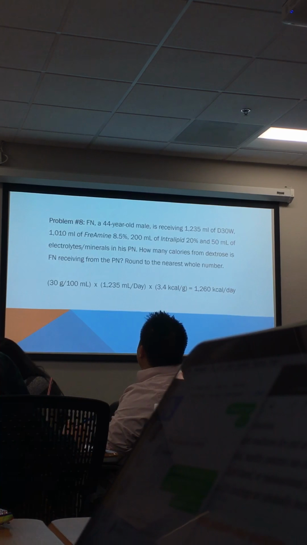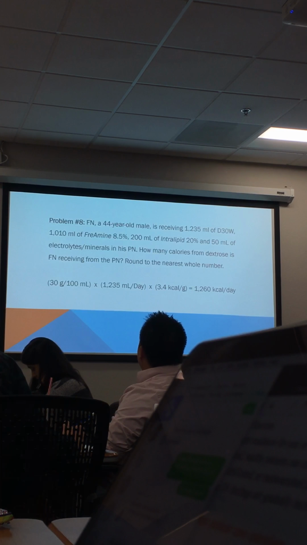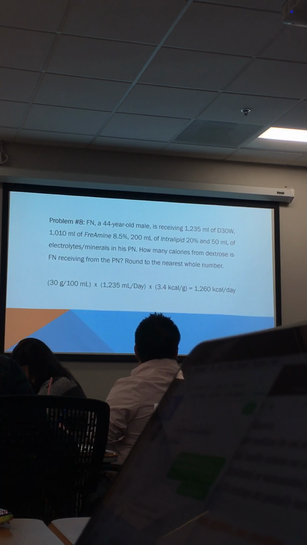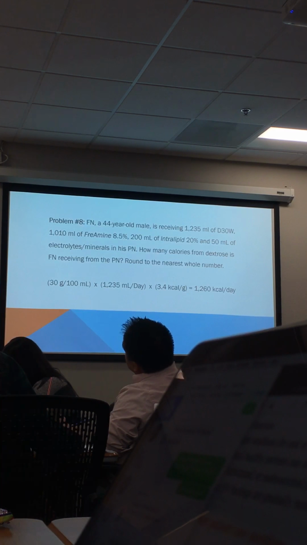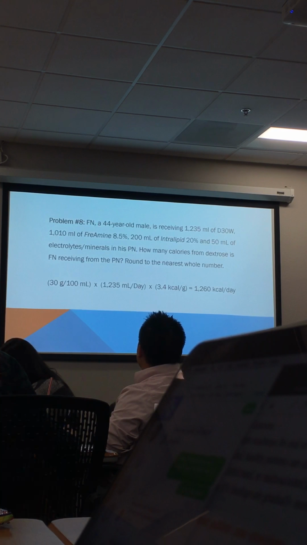For example, this question asks you to round to the nearest whole number. That means in your answer, no decimal, right? Sometimes they ask you to round to 1 decimal, 2 decimals, something like that. You need to be careful with those things.